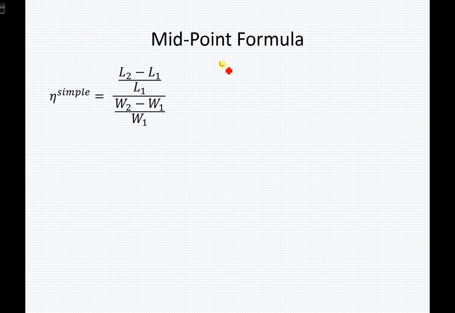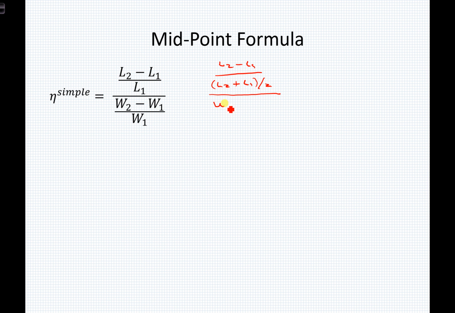So we're looking still at L2 minus L1 divided by L2 plus L1. We'll sum that value and divide that by 2. So this becomes a little bit more complicated.